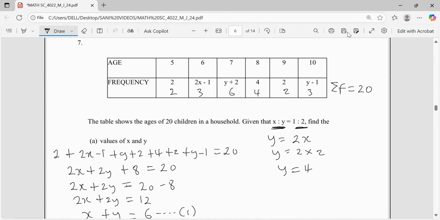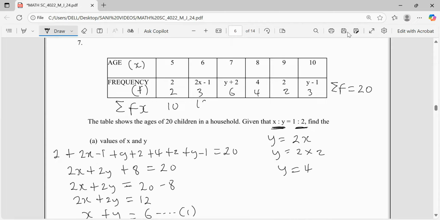Then we can find summation fx. Don't forget, from our formula for mean, this is x, and this is our f. Then you can find summation fx. We have 5 times 2 here, this is 10.